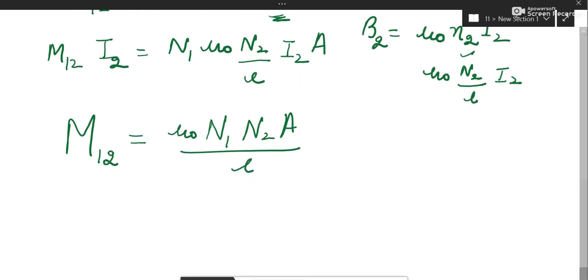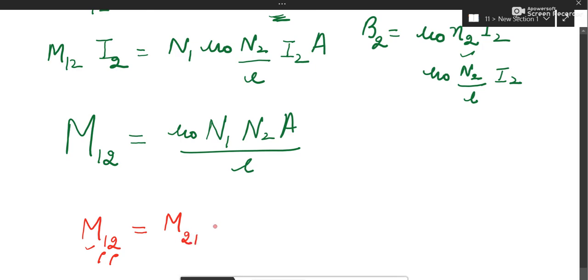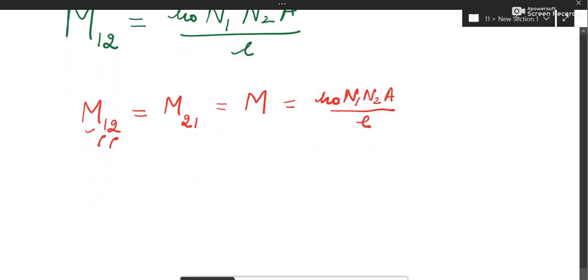So yes, now we see that the same expression we got for the mutual inductance of coil 1 with respect to coil 2 holds for the mutual inductance of coil 2 with respect to coil 1. So the general formula of mutual inductance is mu naught N1 N2 A by L. For a special case, as you already know, if we keep a metallic core, then it will be mu r times this formula.